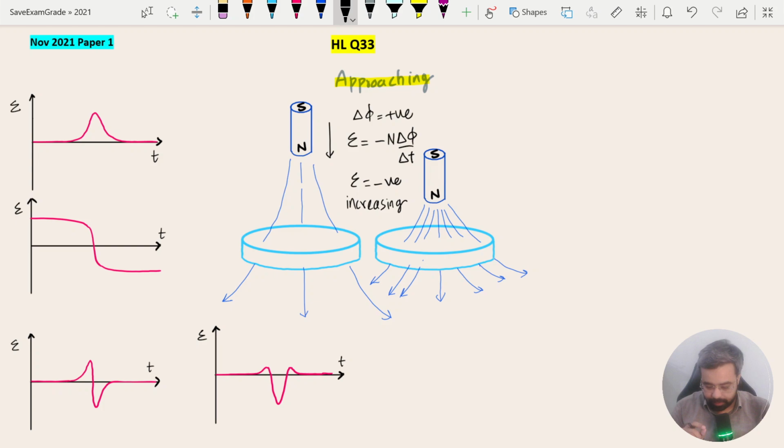So this EMF being negative means that the current will flow in the coil in such a way that it will oppose the coming magnet, the falling magnet. It will try to push the falling magnet. So for example, it should flow in the counterclockwise direction because then it could face north.